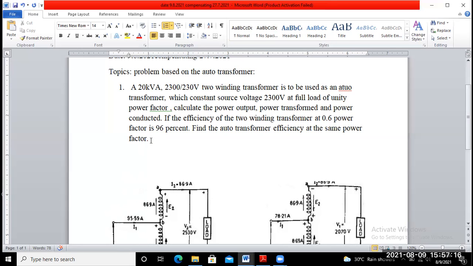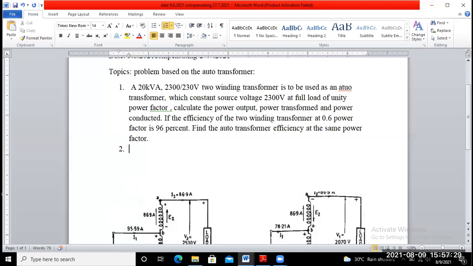This transformer we can connect as an auto transformer in two different ways of connection. So let's discuss one by one how we can connect this two winding transformer as an auto transformer.